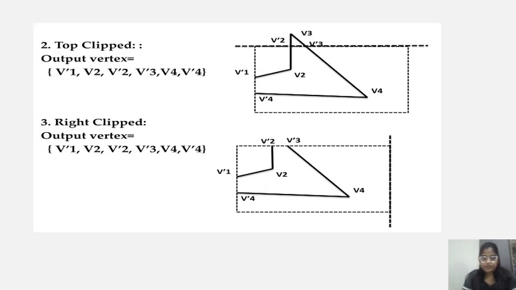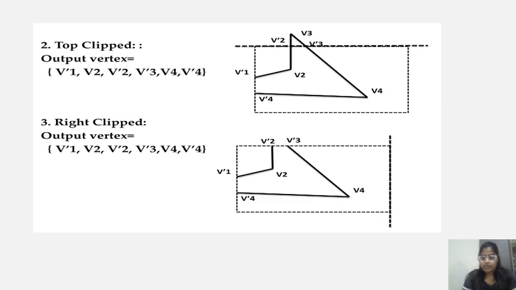This is the output vertex if we clipped it from the left side. Next, if we clipped it from the top side, the output vertices will be V1 dash, V2, V2 dash, V3 dash, V4 and V4 dash. If we consider from V1 to V2, the intersection point will be considered, so that is V1 dash and V2.